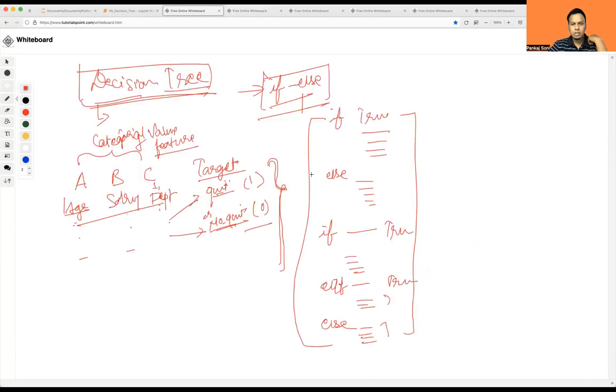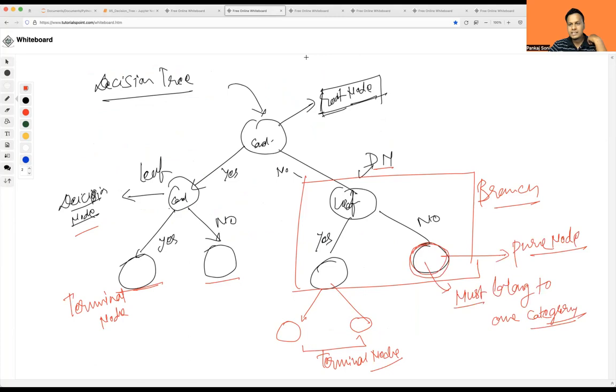So let's say here we talked about quitting and not quitting, right? There are two categories, quit and no quit. Let's say after making a decision tree, we finally got that this particular set of persons belongs to only quitting. Here they belong to no quit only. So when you have only one category left in the node, that is called pure node.